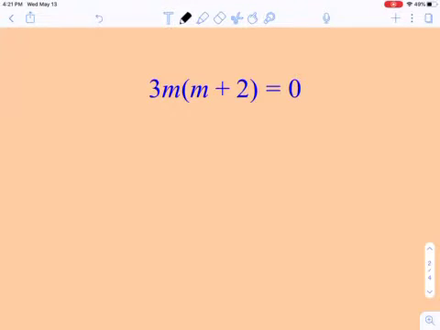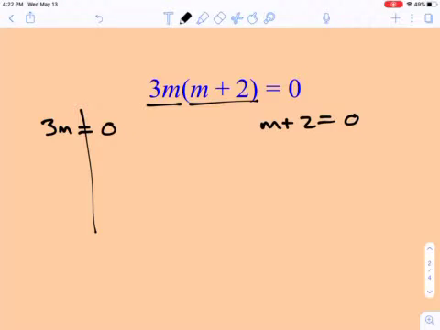So in this first problem, it's already factored for us. We have a product: 3m times the quantity m plus 2. So what we know from the zero product property is that one of them must be equal to 0. So we're going to say, well, 3m is either equal to 0 or m plus 2 is equal to 0, and then we're just going to solve it.